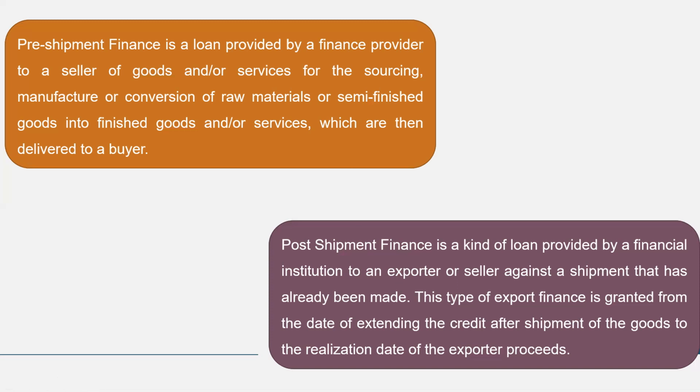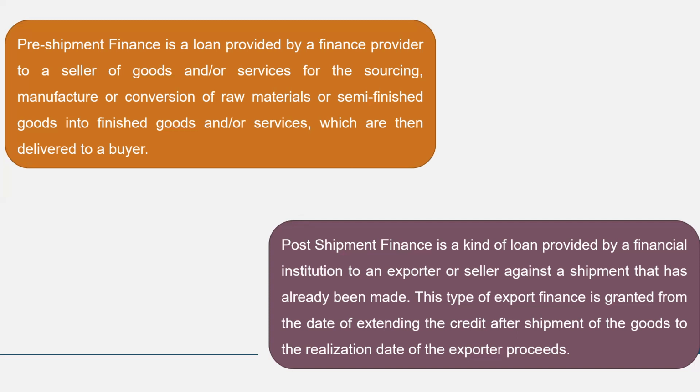So again, a very favorite question of the university. There are three ways how this question can be expected in your exams. There can be a full-fledged question about write down the features of pre-shipment finance, or the features of post-shipment finance, or write a short note on pre-shipment finance or a short note on post-shipment finance.